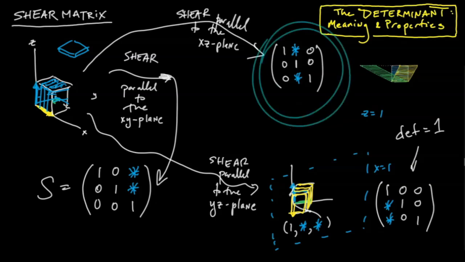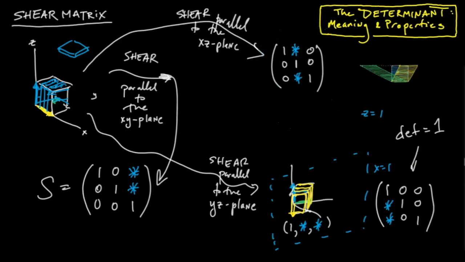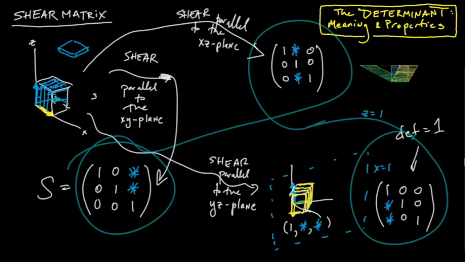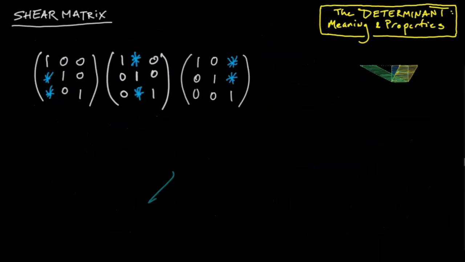And of course, the determinant of this thing is going to be 1 for reasons we have now been through multiple times. So now, let's concentrate on these 3 forms of shear matrices parallel to the coordinate planes in R3. If we want to cook up a shear matrix in R3 parallel to one of the 3 coordinate planes, there's a very simple recipe.